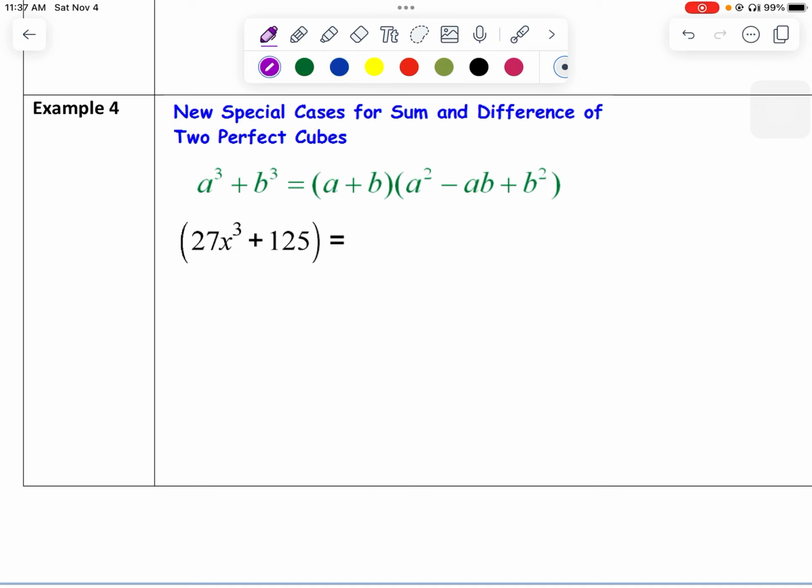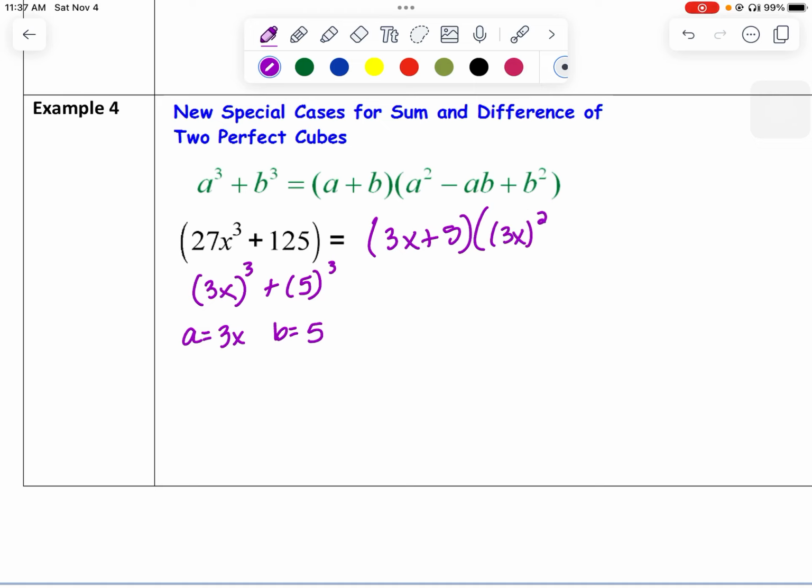27x cubed would be the same as 3x to the third, and 125 is 5 to the third. So we could say that a is 3x and b is 5, and then we can apply this formula, which factors to 3x plus 5 times 3x squared minus 3x times 5 plus 5 squared.